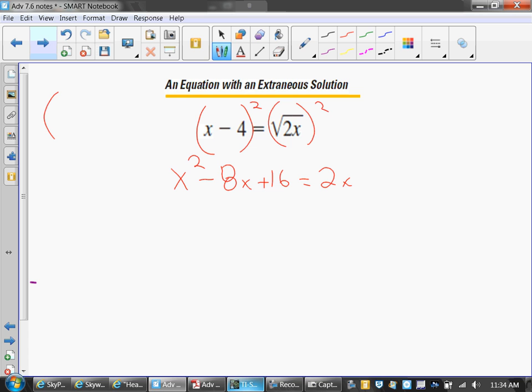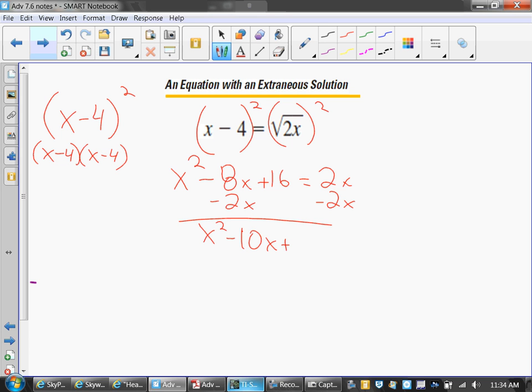Remember, ladies and gentlemen, you have to FOIL it out. Okay? Now, set one side equal to 0. What are you going to move? So we have x squared minus 10x plus 16 is 0.